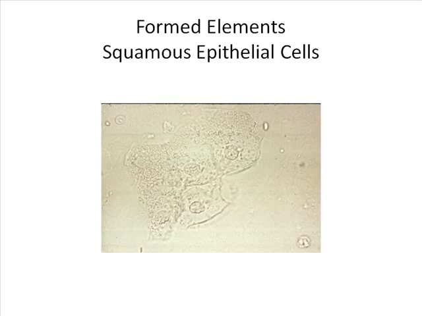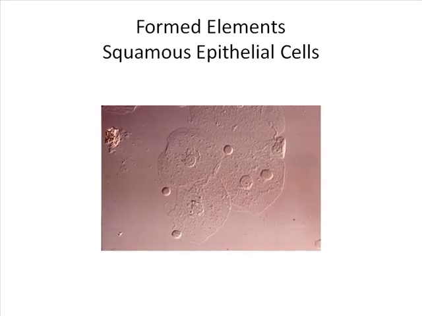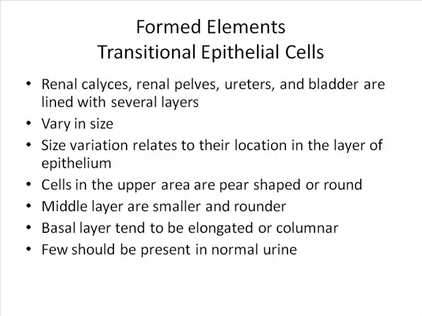Here it is. Notice they look like little flagstones with nucleuses. Squamous epithelial cells can be a sign of contamination, can be vaginal contamination or urethral contamination. This is why you want to get a midstream urine so that some of those first cells are washed out with that first urine that they put in the toilet. When they catch the middle part, you're hoping not to get as many of these.